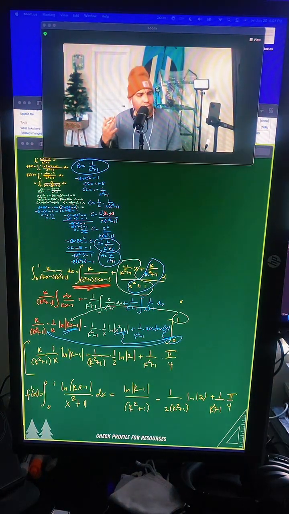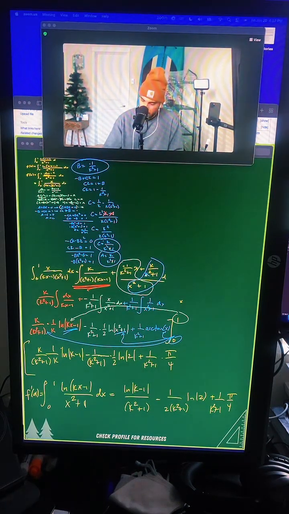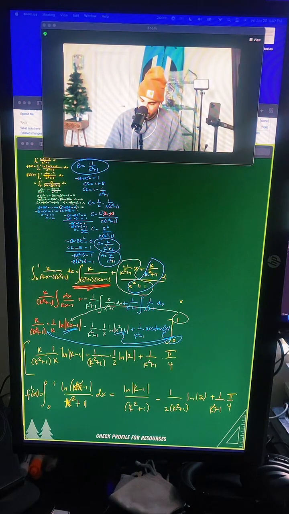Is this our f of k or our f prime? Because we integrated this whole thing, right? Or do we still have to take everything in terms of k? This is a k squared. Oh, man.